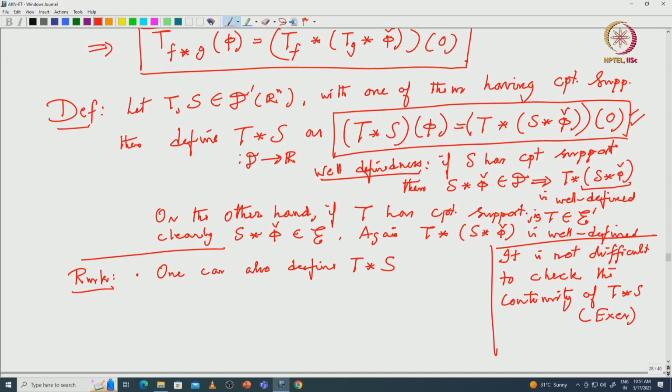Use the continuity of T and S. That implies T star of S is a distribution in D prime.